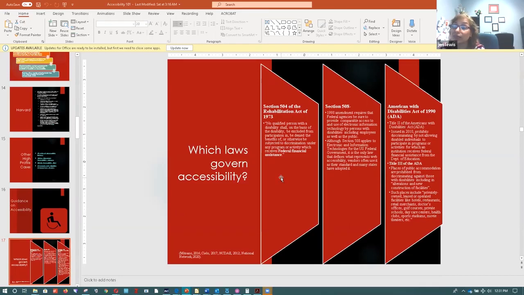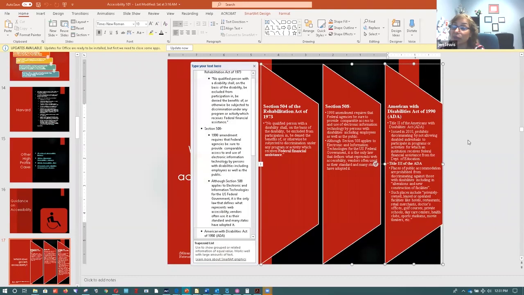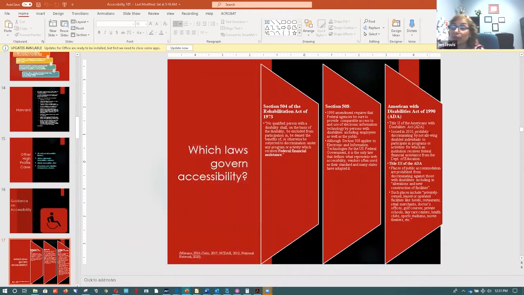Okay, so the laws. We mentioned the Americans with Disabilities Act of 1990, the ADA, which most of us have heard of. So Title II prohibits discrimination against disabled persons who participate in programs for which an institution receives federal financial assistance from the Department of Education. So that is usually higher education institutions as well as K-12.